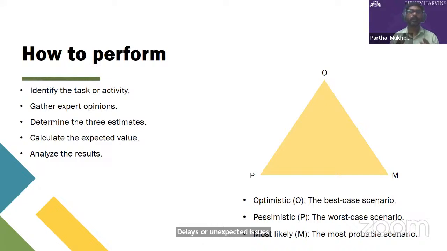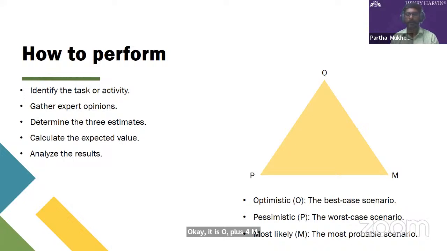In order to calculate this 3-point estimation, we can use one formula: (O + 4M + P) / 6.